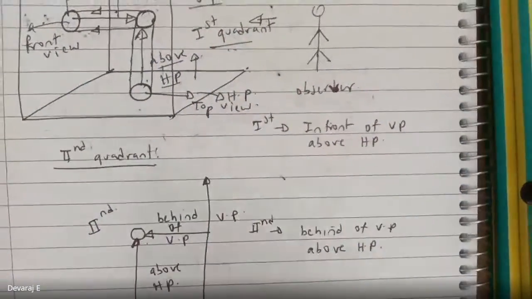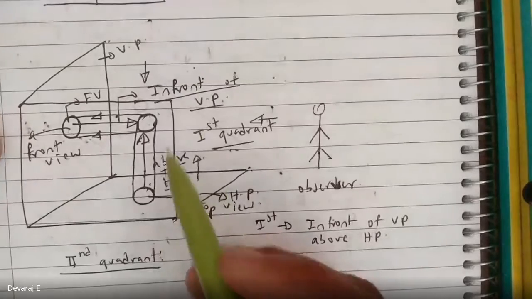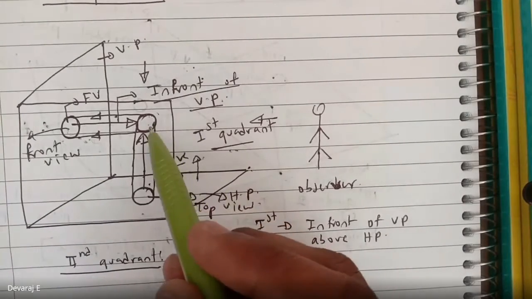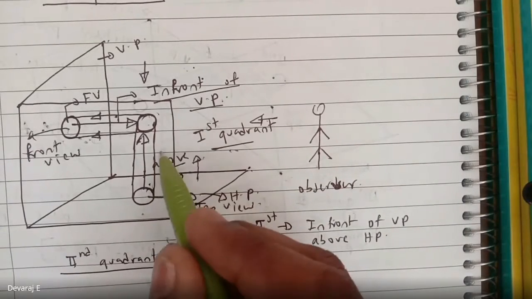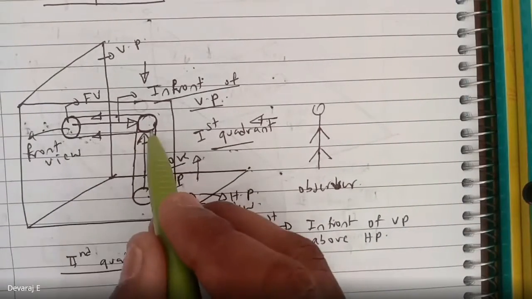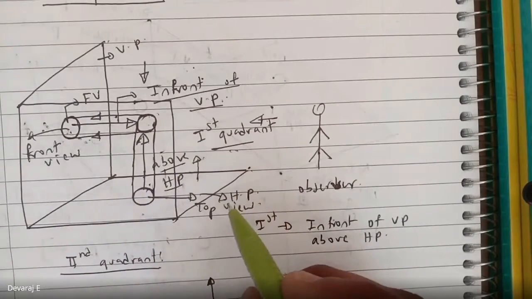Here, this is the first quadrant. The observer is fixed. It is called above HP and in front of VP, the first quadrant system.